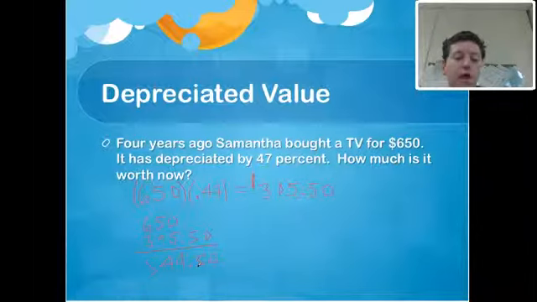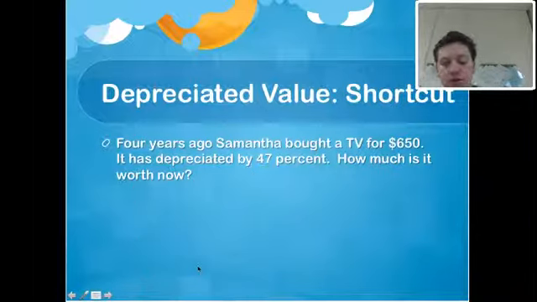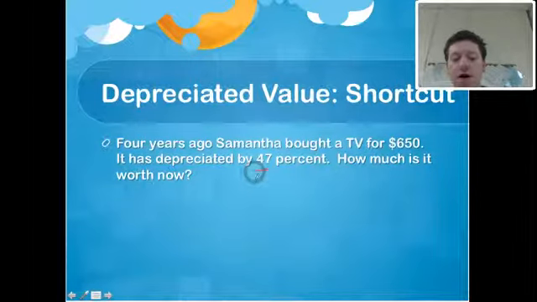Well, again, there is a shortcut. So, if it's lost 47%, how much is the TV worth in terms of percents? Well, we've gone down 47%. It was originally worth 100%, so now it is worth 53%. 53% as a decimal, 0.53. So again, 100 minus 47 is 53.